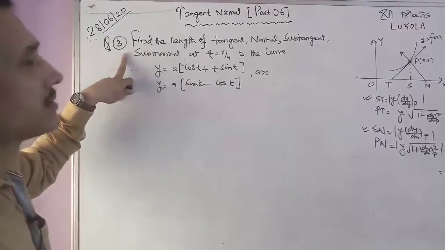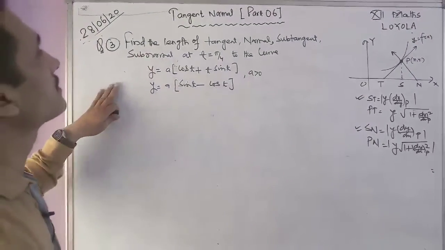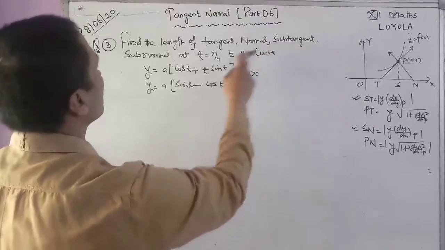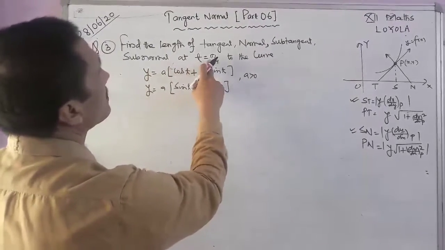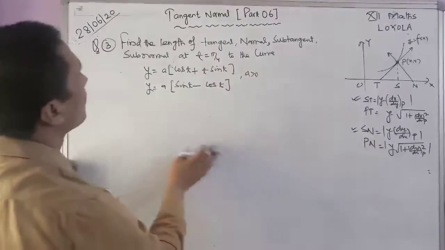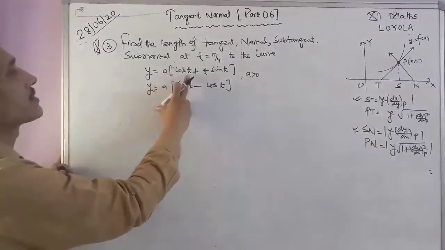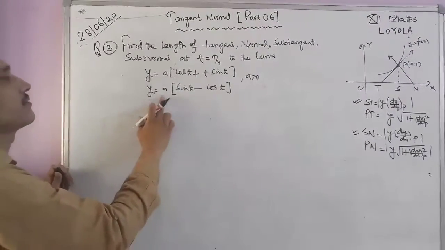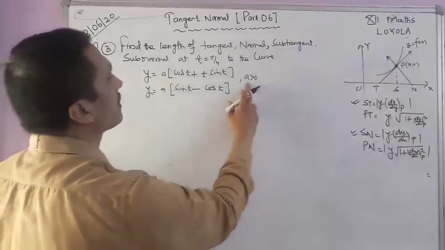The next question: find the length of tangent, normal, subtangent and subnormal at t = pi/4 to the curve x = a(cos t + t sin t) and y = a(sin t - t cos t). Here a is not equal to 0.